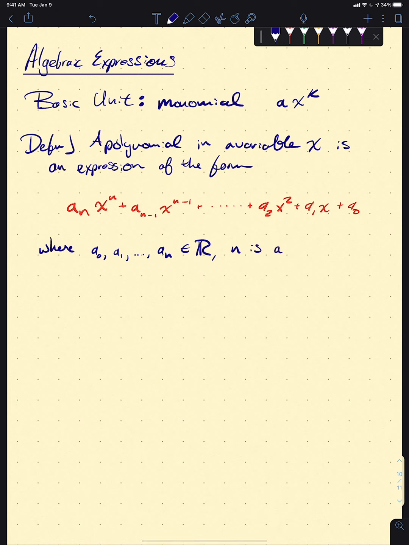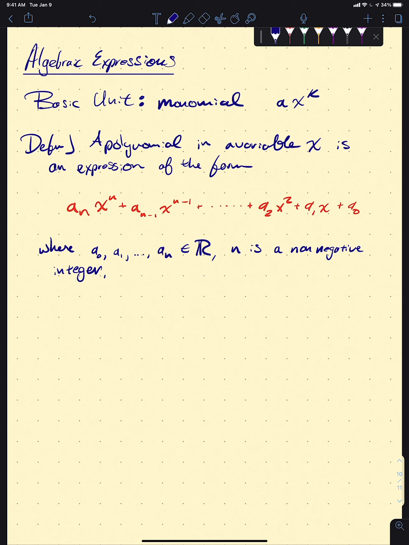n is a non-negative integer. So n is some non-negative integer, right? So it's a non-negative whole number. It could absolutely be 0.